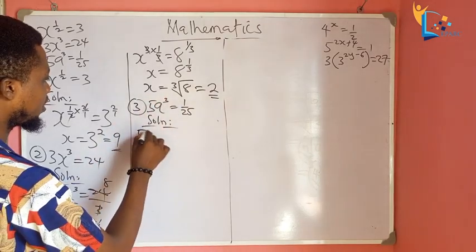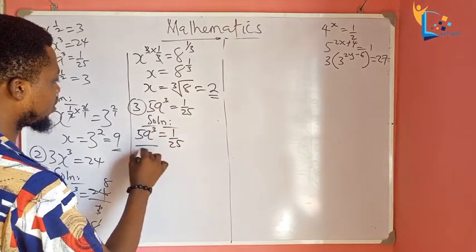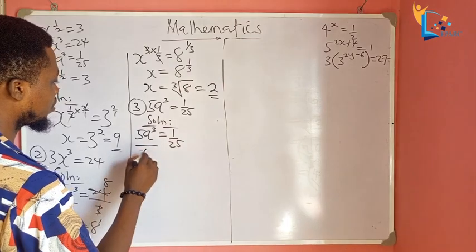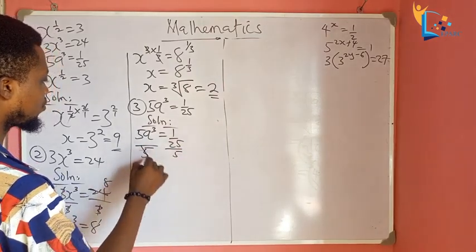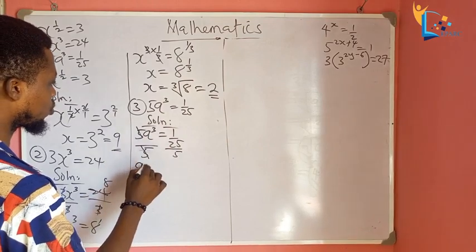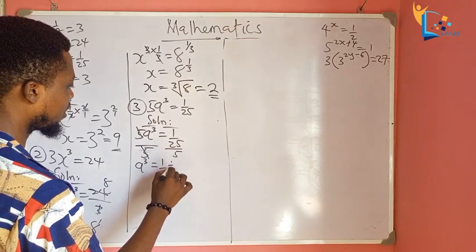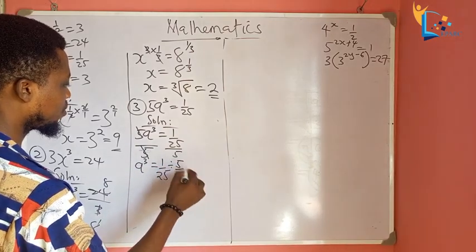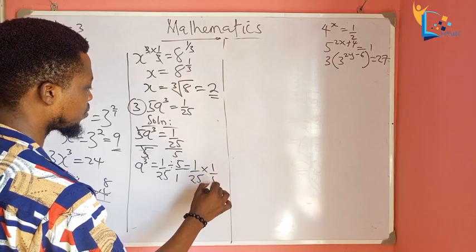So we have 5a raised to the power of 3 equal to 1 over 25. Divide both sides by 5. So 5 will go here, 5 will go here. So a raised to the power of 3 is equal to 1 over 25 divided by 5, which is the same as 1 over 25 times 1 over 5.